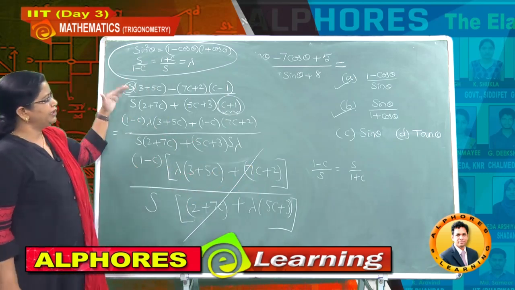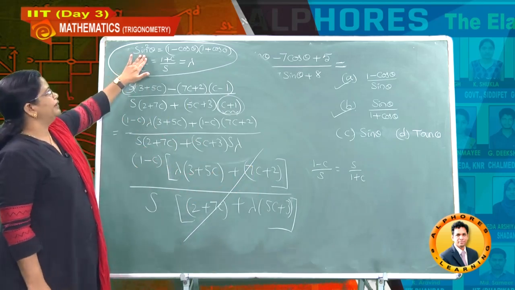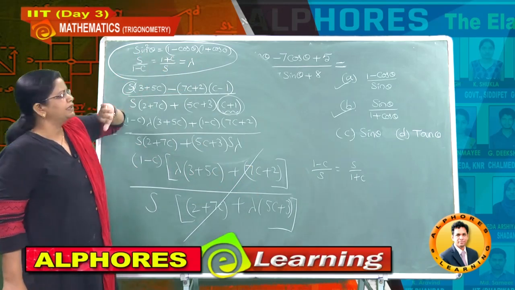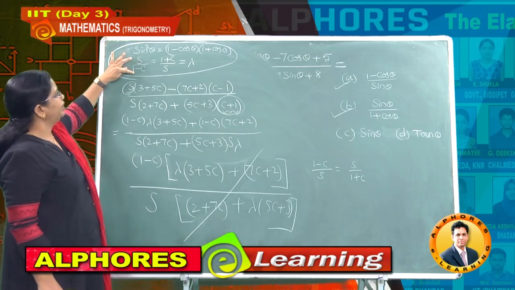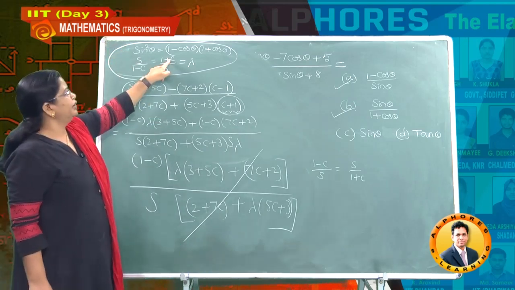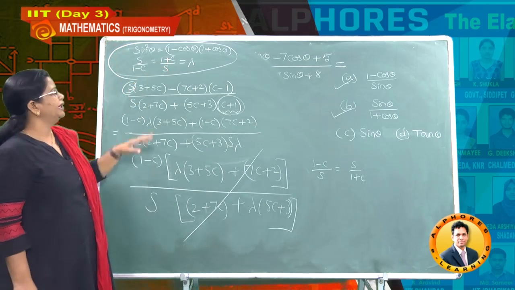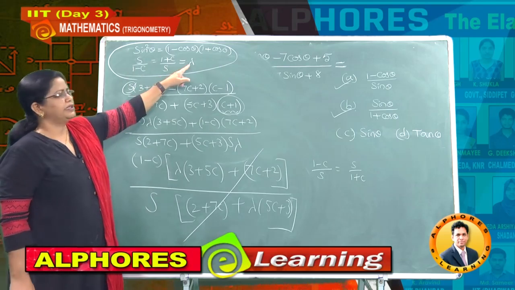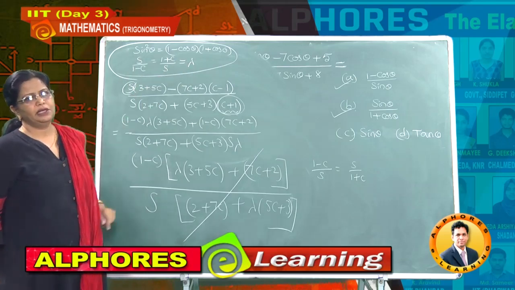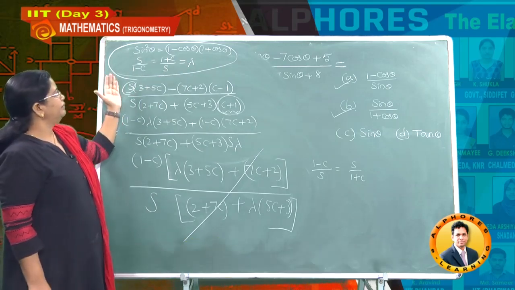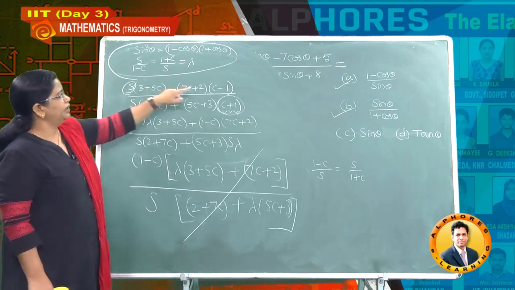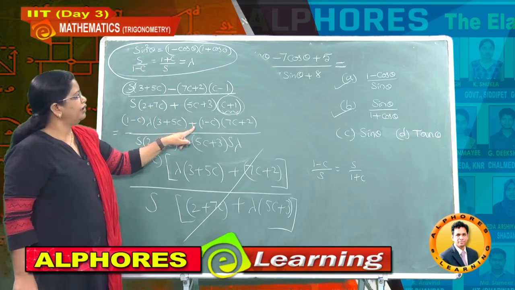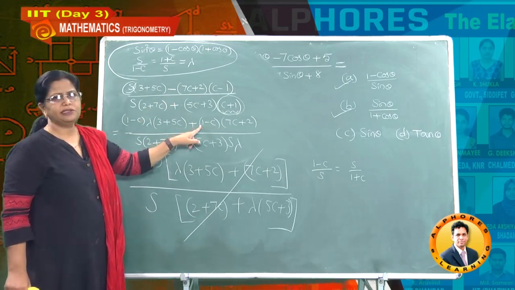What is the important step in this problem? This one: sin square theta is 1 minus cos into 1 plus cos, and hence we wrote sin divided by 1 minus cos equals 1 plus cos divided by sin, and these two are equal to some constant. We assume that value as lambda, and where did we substitute that lambda? Here cos minus 1 is there, a minus symbol is there. If I take it common, it will become plus 1 minus cos.